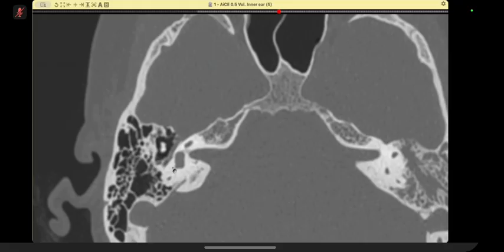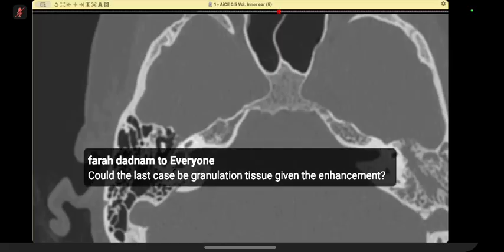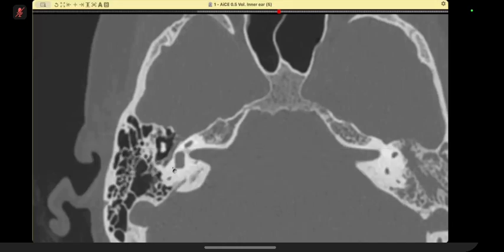Is there any other differential of fistulization of the lateral semicircular canal? For your exam, they will only show you this cholesteatoma. As far as the difference between acquired and congenital is concerned, it is just age. The patients you will see are always acquired. Granulation tissue enhancement is never so profuse.